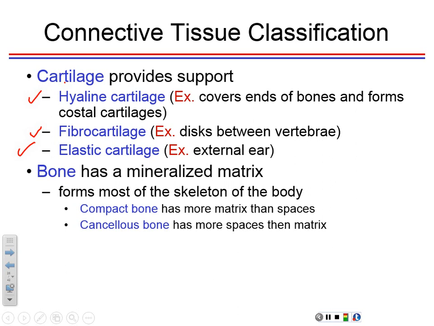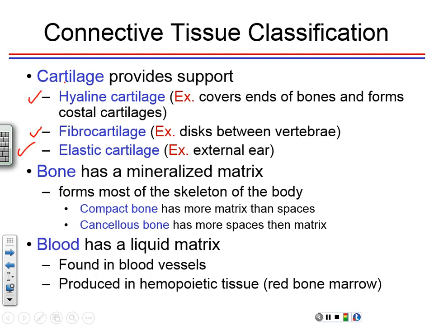You got compact bone, which is more matrix than spaces. Okay, remember connective tissue is more matrix, right? More of the extracellular material. And then spongy bone, or sometimes called cancellous bone, it's got more spaces than it's got matrix. You can actually see the openings. All right, so that's bone.